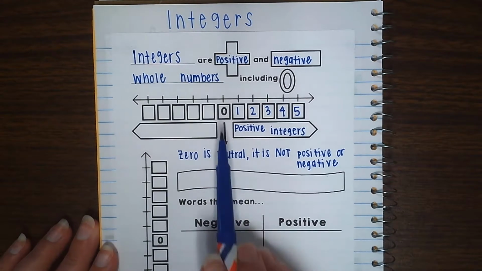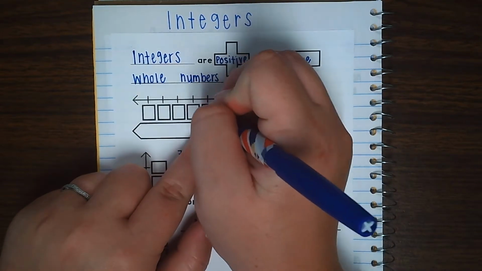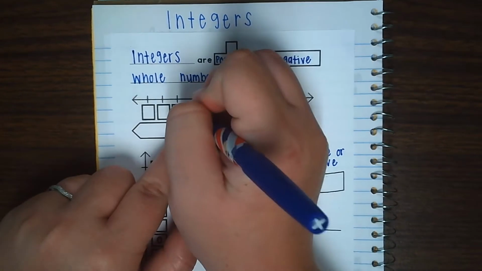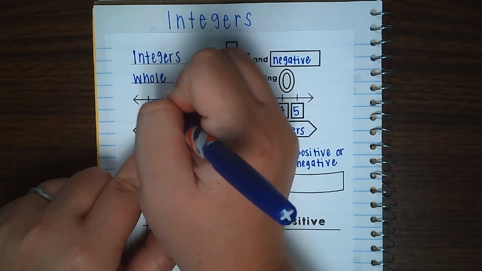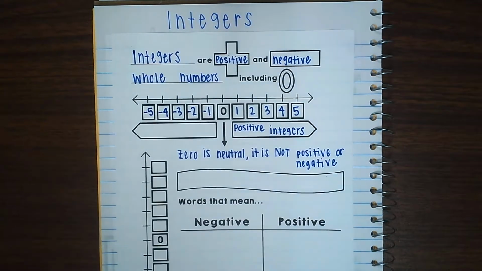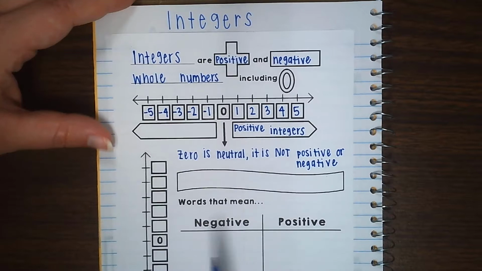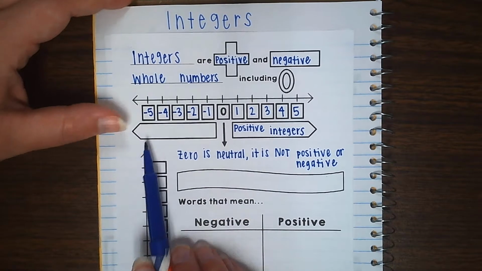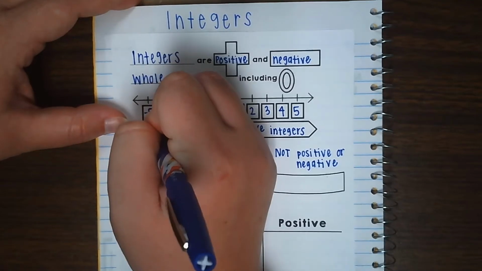Then on the left side of 0, we go backwards. This is -1, -2, -3, -4, and -5. So if these are positive integers, these over here are negative integers.